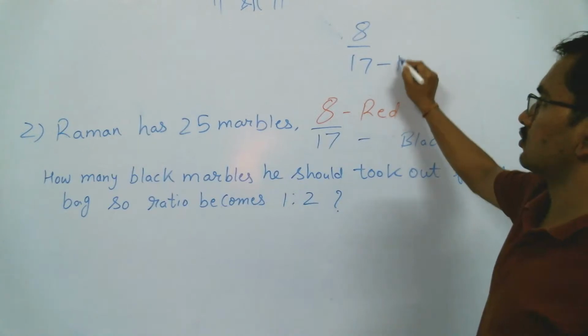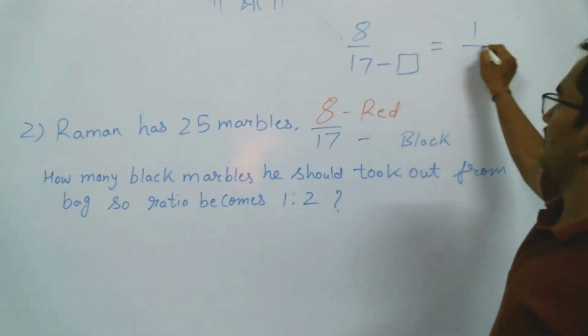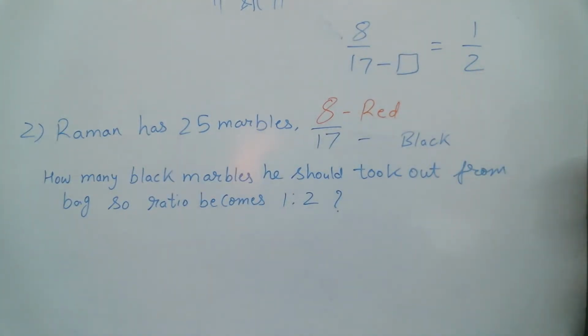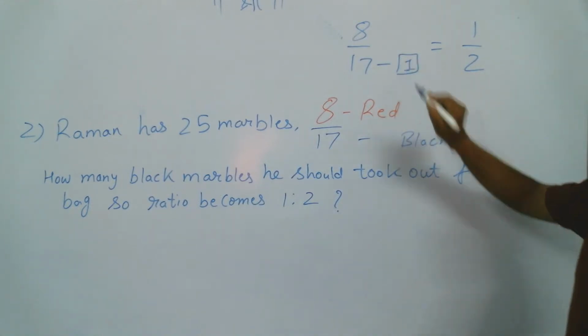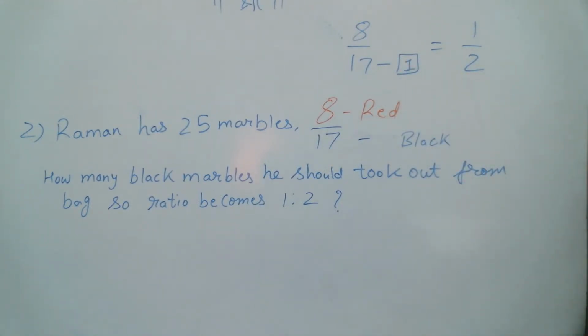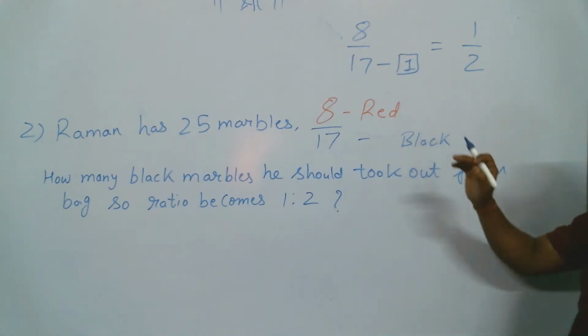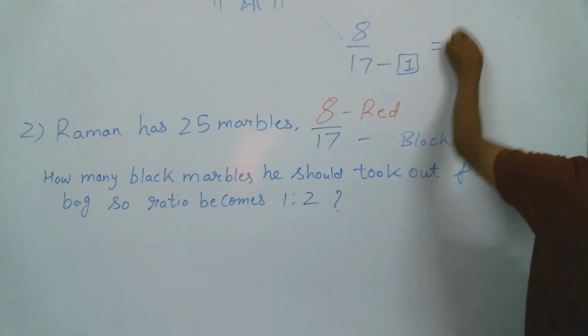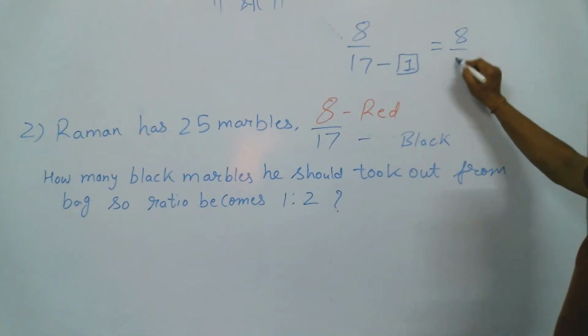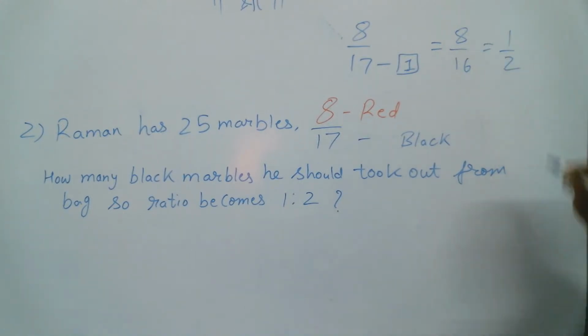What should I subtract so that it becomes 1/2? Only one will be subtracted, so it becomes 16. And we know that 8/16 is 1/2. So just a little bit of thought process needed here.